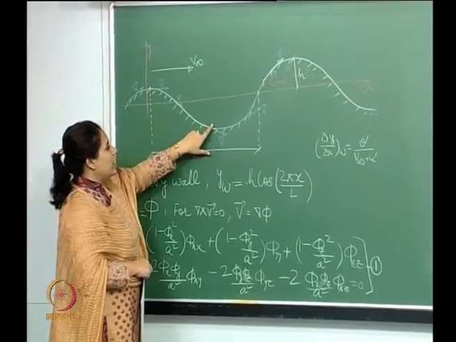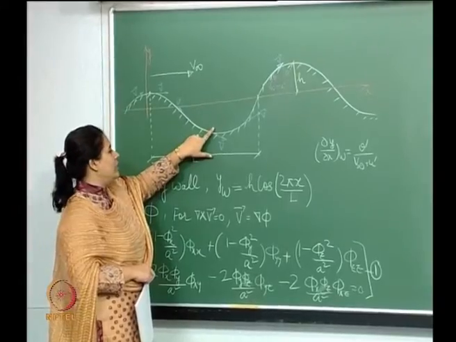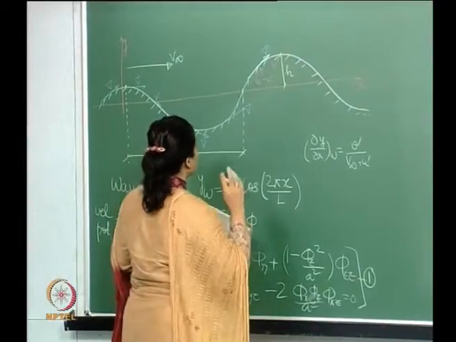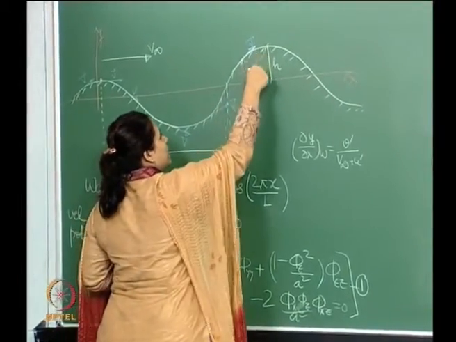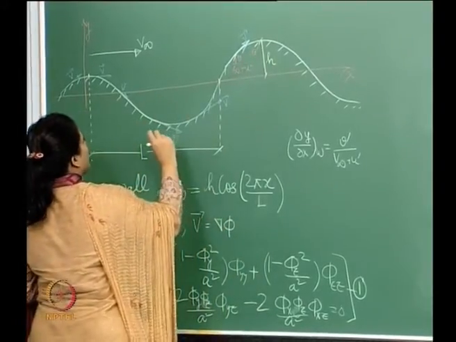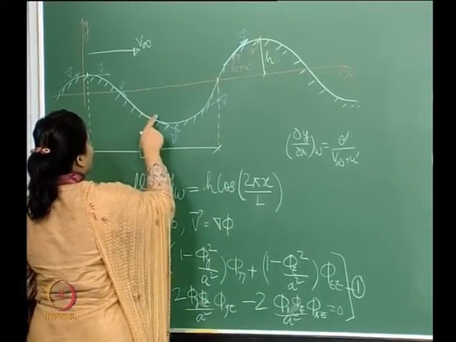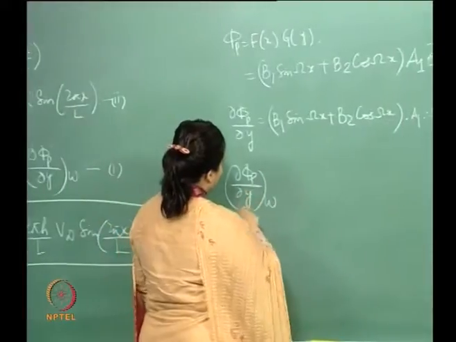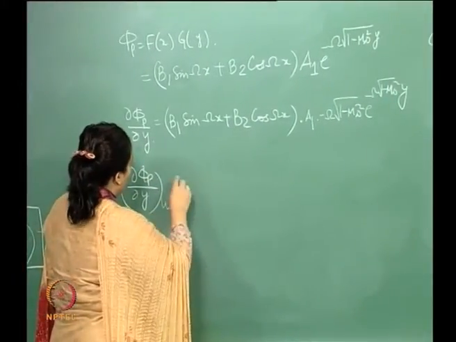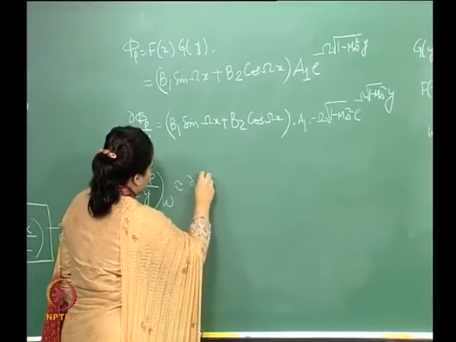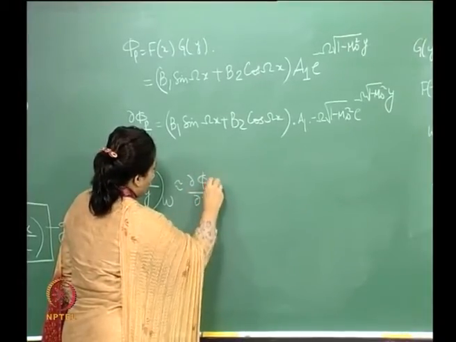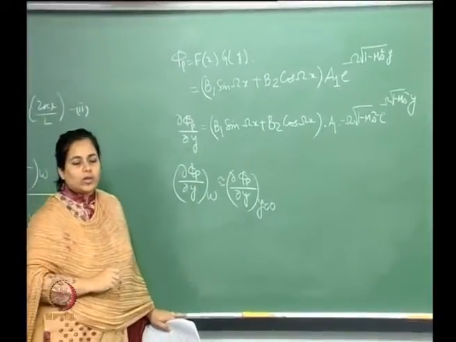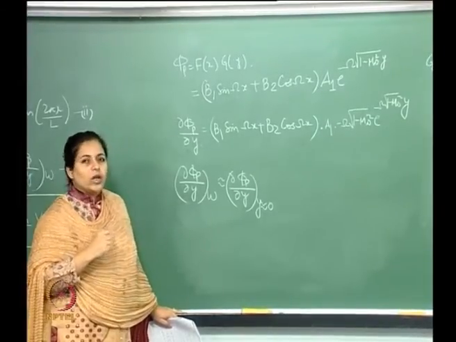Now, we have assumed small perturbation, which means that h is very small. If I use small perturbation theory, then we say that h is very small, which means that this wall is very close to y equal to 0. So, del phi p by del y at the wall would also essentially mean that we are taking the y ordinate to be almost 0.